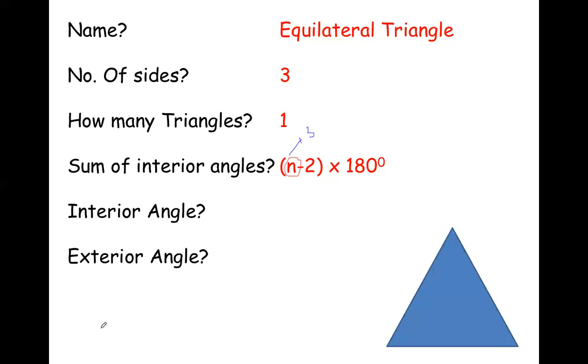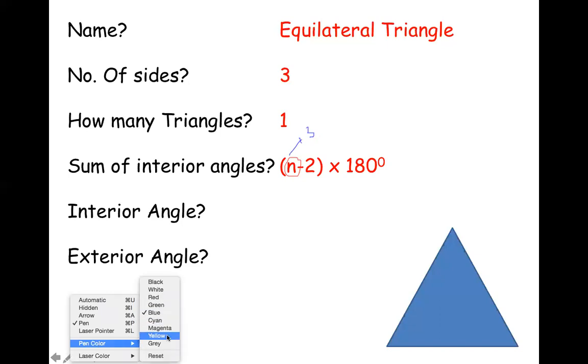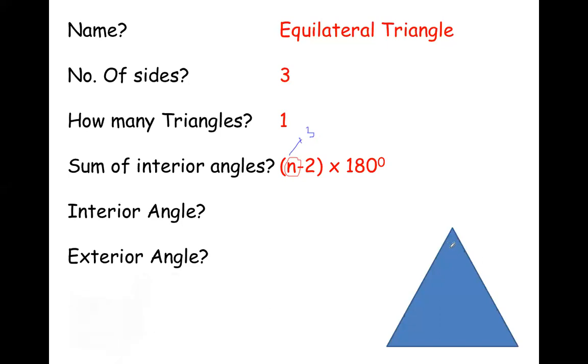When we look at interior angles, we are looking at this part here. We're looking at this plus this plus this, the sum of all the interior angles. When I add them up, it's going to be 180.